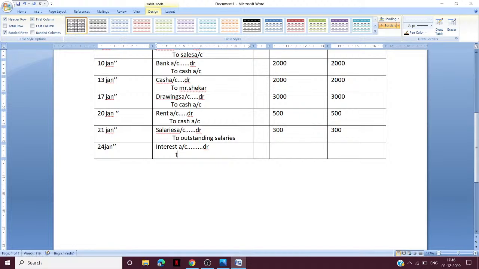What is going out when interest is paid? Cash is going out, so cash account. This is a transaction for interest paid. What is the amount? 400 on both the sides.